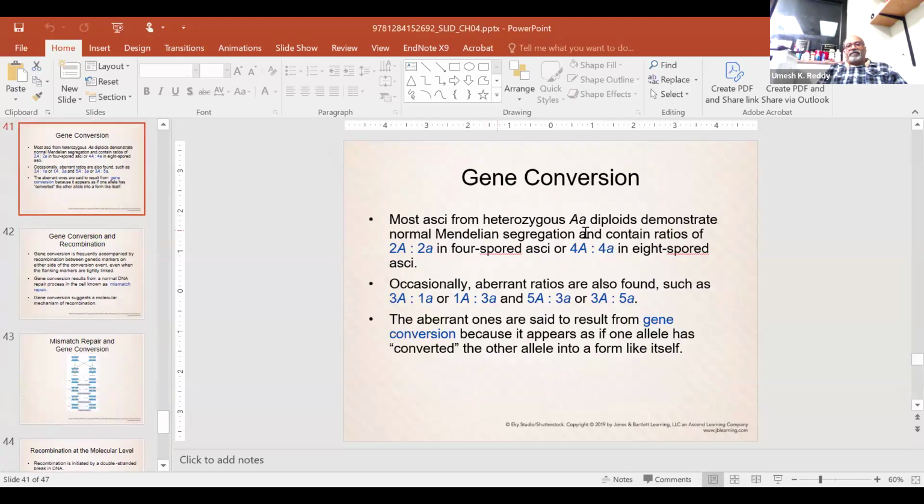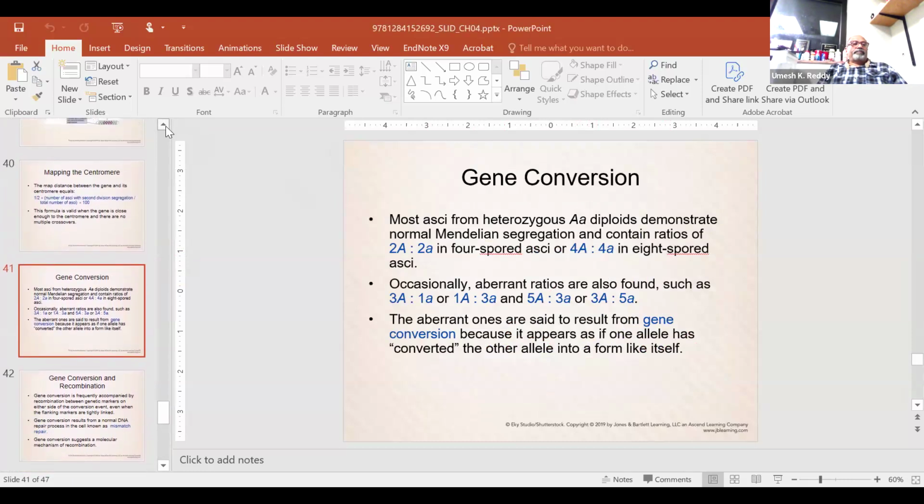Gene conversion can happen. You know, when 4 A's and 4 small a's are there in the 8-spore cell, some will get swapped because of the gene conversion that I have shown you. Sometimes you will see 3A and 1a, or 1A and 3a, because the alleles are converted one way or the other.